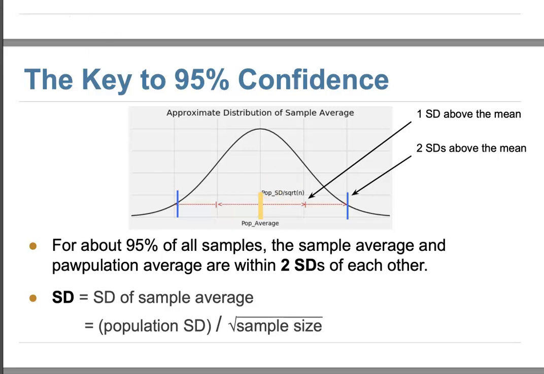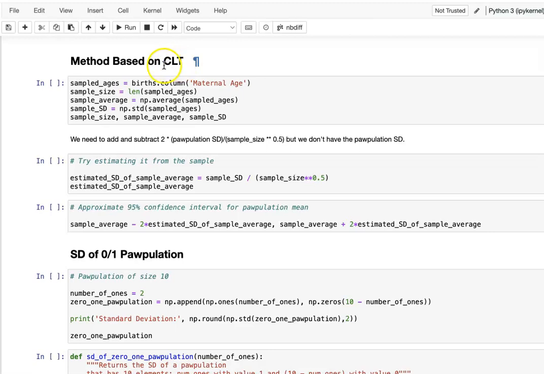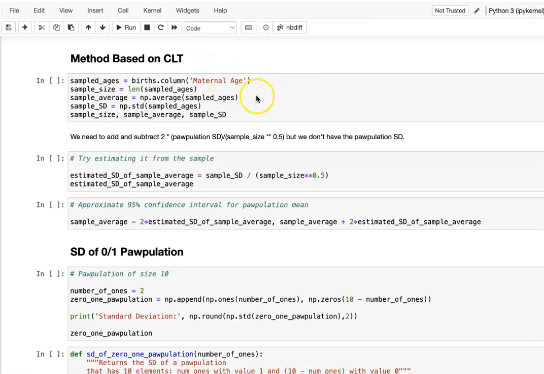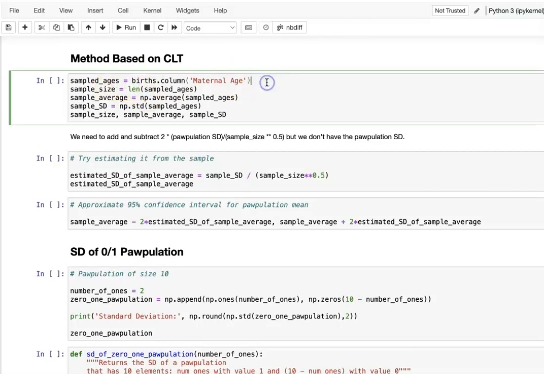So now let's go back to our demo to see how we use the central limit theorem to estimate the population mean. The first thing, the same, we use the same sample data, which is the maternal age. Then we can get the sample size, the sample mean, and also the sample standard deviation.